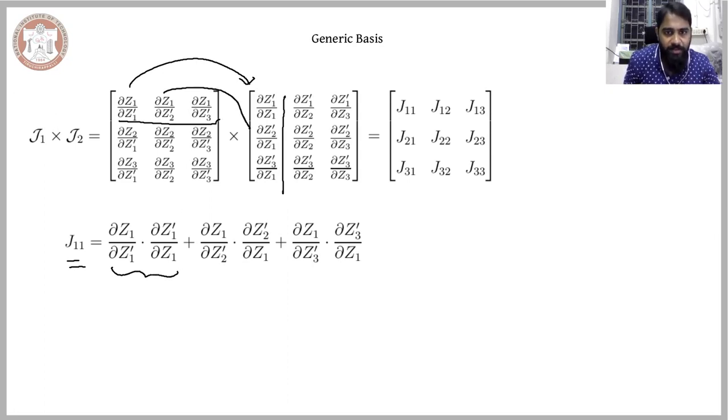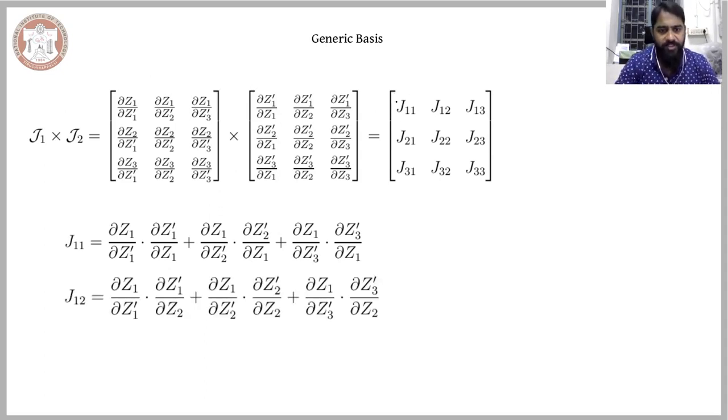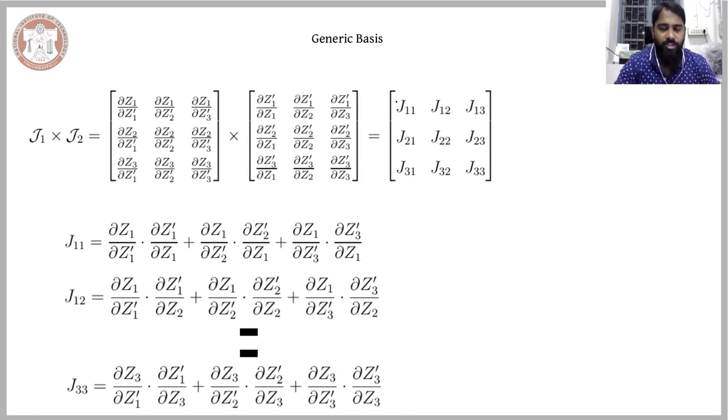This is multiplied to this, it contributes to the second term, and this is multiplied to this, it contributes to the third term. This is how we are able to arrive at this entry in the product matrix. Now this can be extended to J12, J13, and so on, ultimately ending up at J33. So we are taking the product of the Jacobian matrices, and these products we are representing as 11, 12 based on the positions of these products in the product matrix.